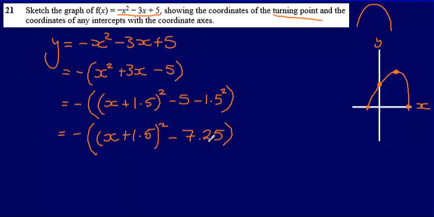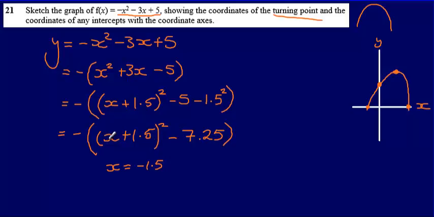So the highest value that y could possibly be is simply going to be the value when this bracket is equal to 0. So if I follow this through, if I say that x is equal to negative 1.5, that would make that bracket equal to 0.